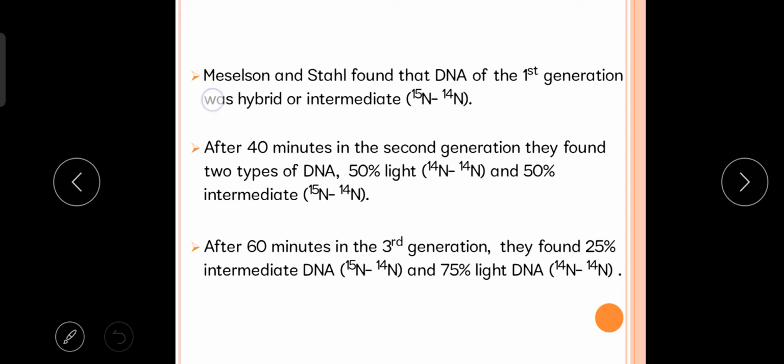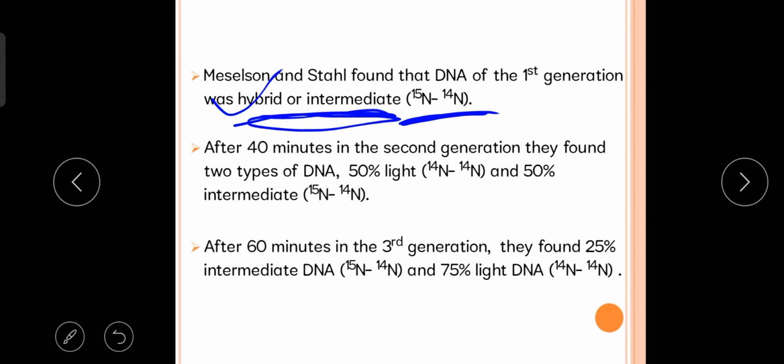So Meselson and Stahl found that the DNA of the first generation was hybrid or intermediate. That means when they observed the two new DNA molecules after first generation, they found that each DNA molecule contains both 15N and 14N strand. That means these two new DNA molecules are called hybrid or intermediate.